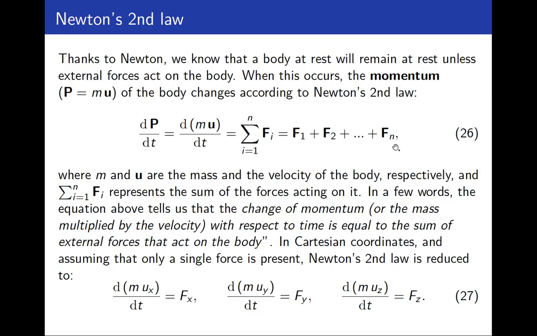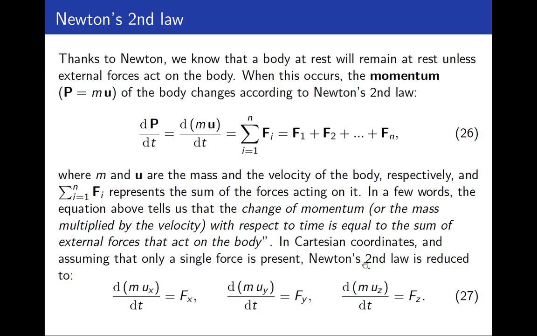So you can have n forces present. So in a few words, this equation tells us that the change of momentum with respect to time is equal to the sum of the external forces acting on the body. So this is actually a vector equation.